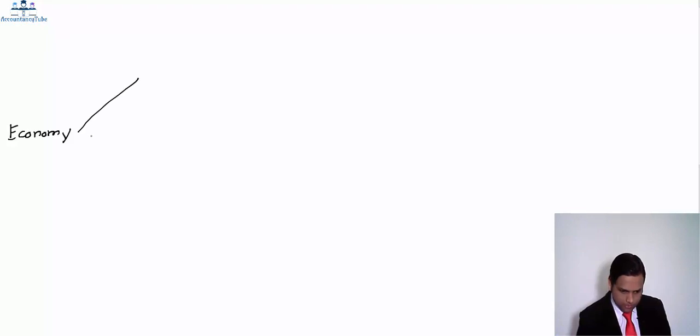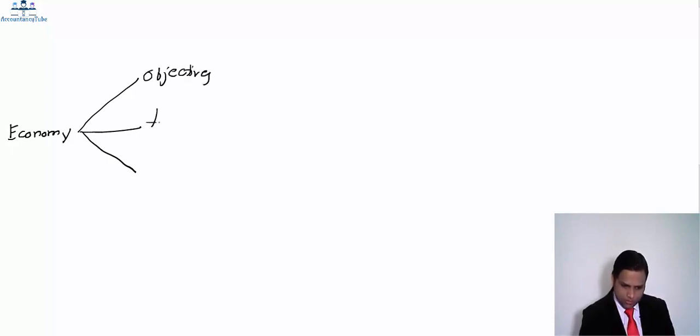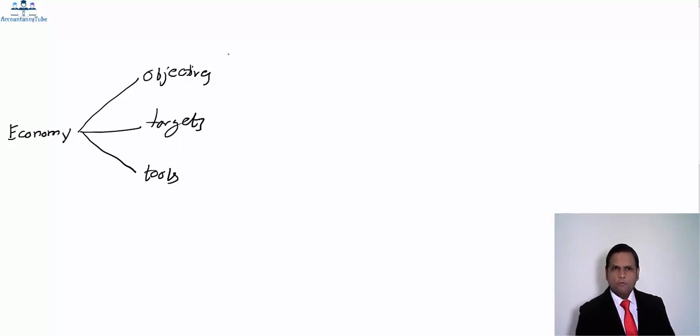Firstly, we have an economy and we are moving towards the economic policy. The first thing we read was the objectives, that's economic objectives. Then we read about targets, economic targets, and then we read about tools or instruments. Now, the most basic of objectives for any government for the economy would be growth.